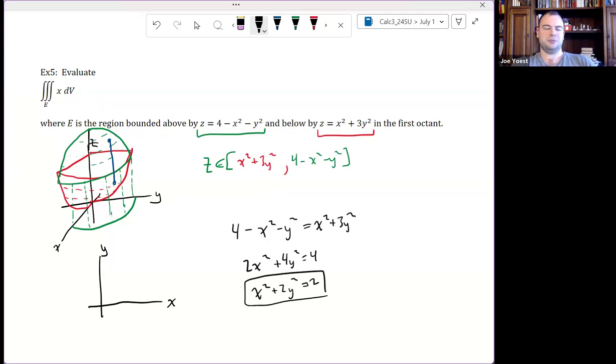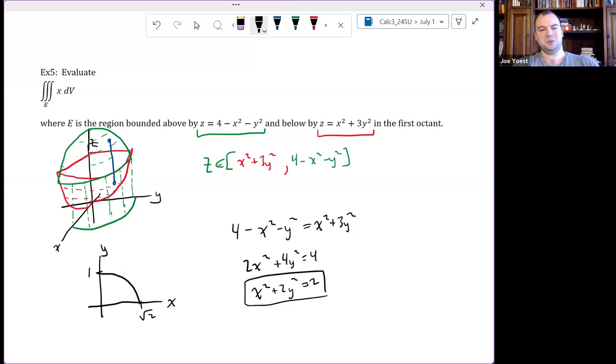And I see I get x squared plus 2y squared equals 2. When x is 0, y has got to be 1. And when y is 0, x has to be root 2. And we do indeed end up with an ellipse out of this. That does not look like an ellipse, but that's maybe a little better.